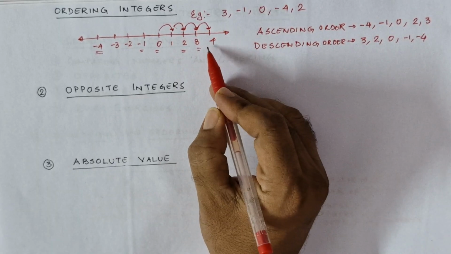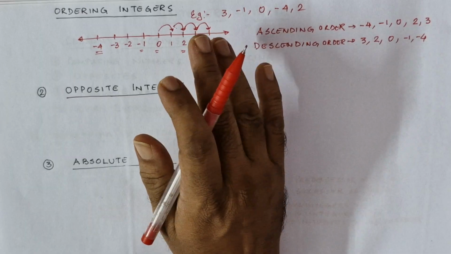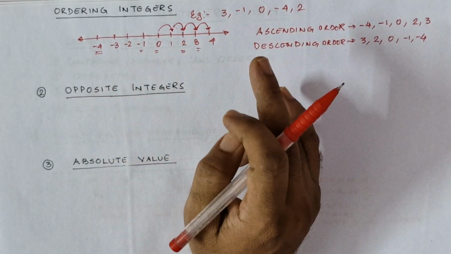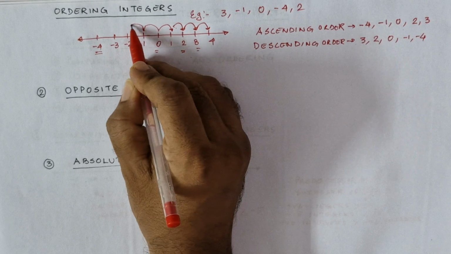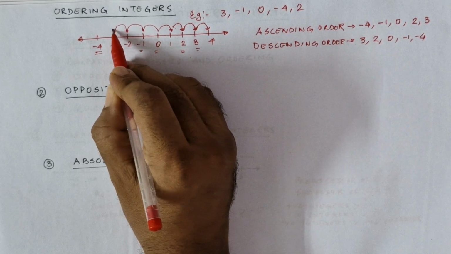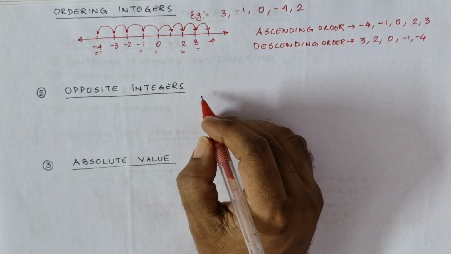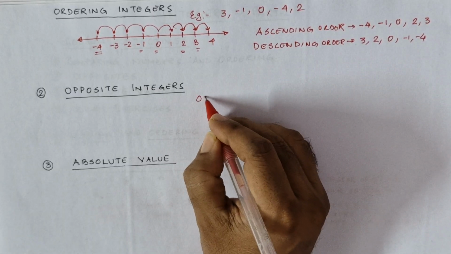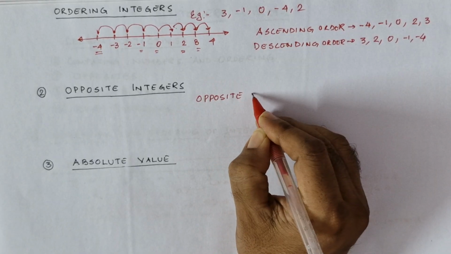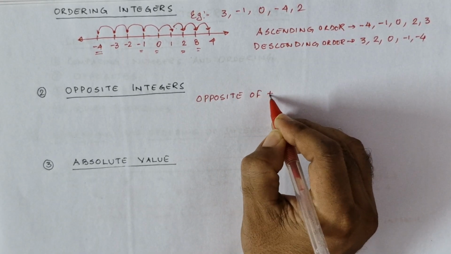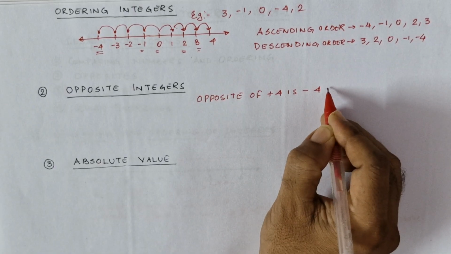Now if you are required to find the opposite number of 4, it is just on the other side of 0 but at the same distance. So let's go: 1, 2, 3, 4. So it's minus 4. So we can say the opposite of plus 4 is minus 4.